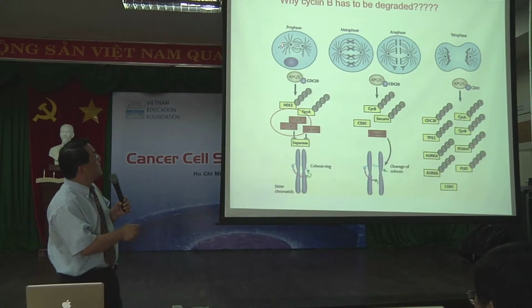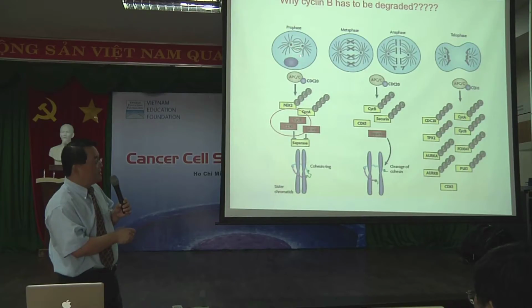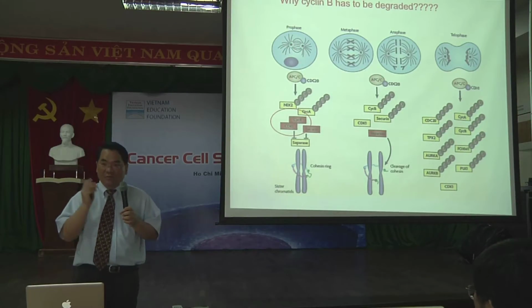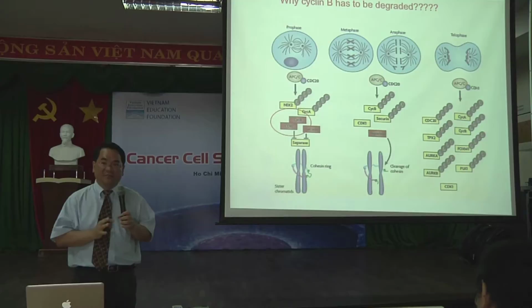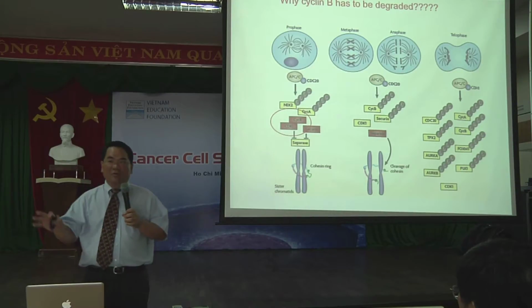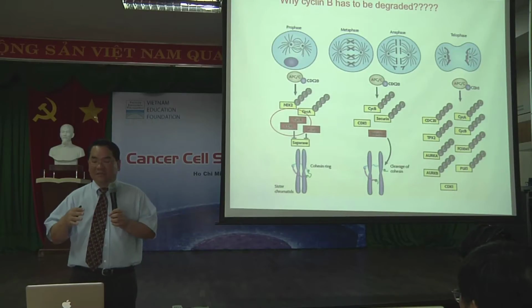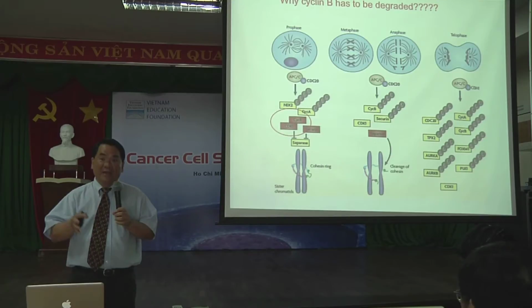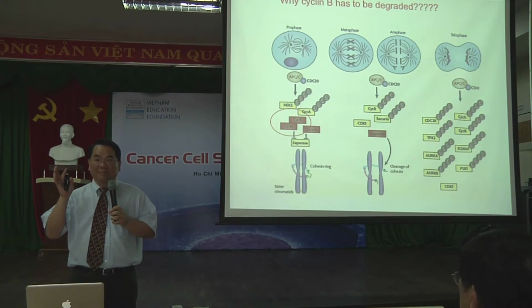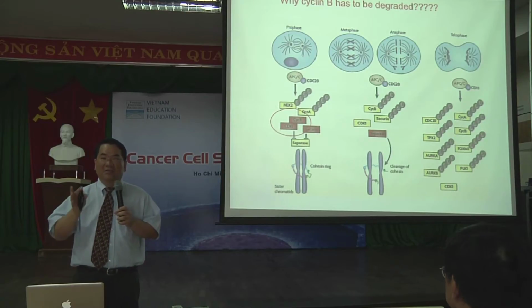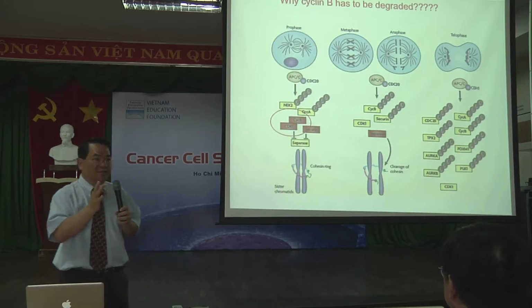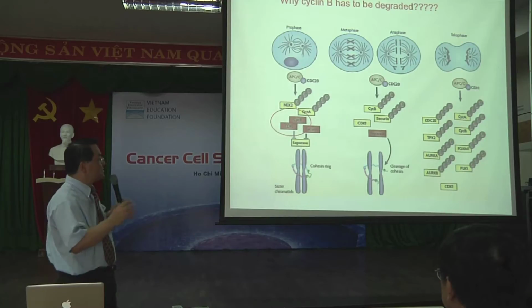Here, at the prophase, during each part of mitosis, quite a few proteins need to be degraded because, if you recall, the spindle fiber assembly checkpoint involves so many proteins, including PLK, Aurora A, Aurora B, cyclin B, etc. These proteins need to be degraded once the mitosis is complete.